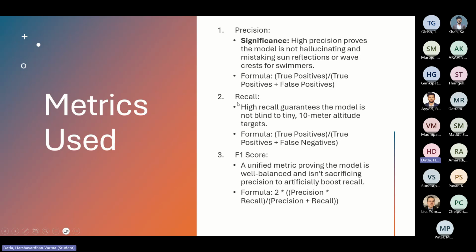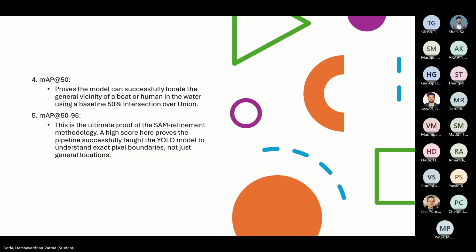Recall. High recall guarantees that the model is not blind to tiny objects when it perceives them from a minimum of 10-meter altitude. F1 score, a unified metric proving the model is well balanced and isn't sacrificing precision to artificially boost recall.